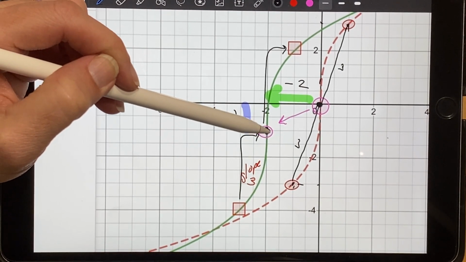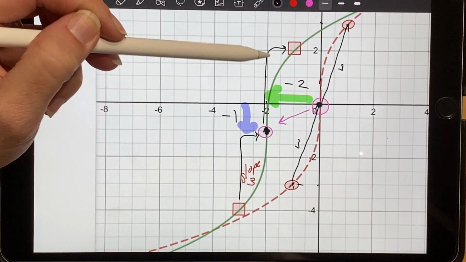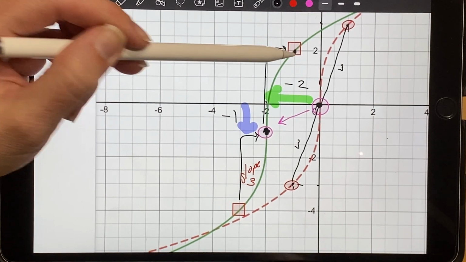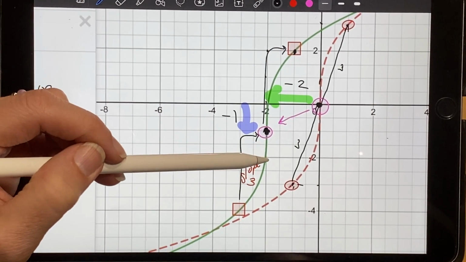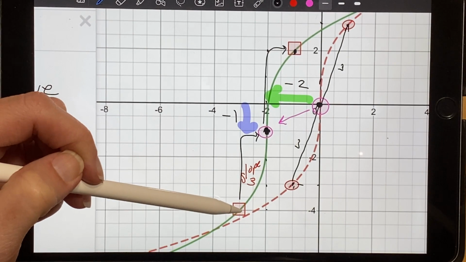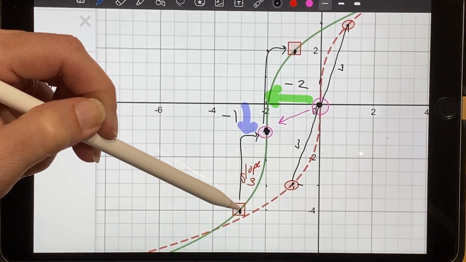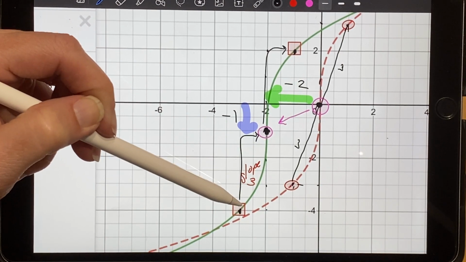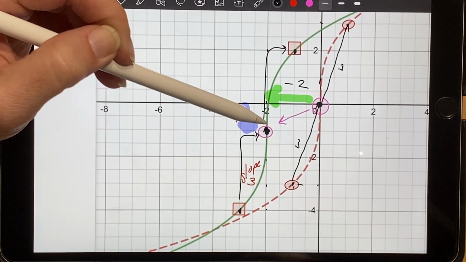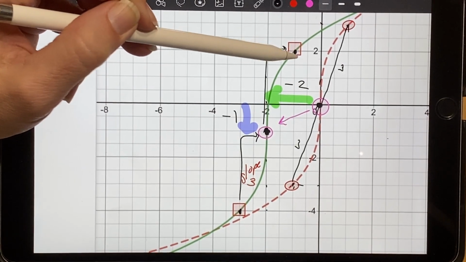Now, our a value did not change, so we still have to have a slope of 3. So from our vertex point, I'm going to go 1, 2, 3 over 1. There would be my first point. I'm going to go down 2, 3, back 1. So again, I have a positive 3 slope from this point to our vertex, and then from our vertex to our next point.